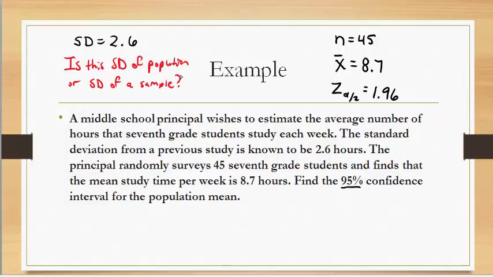And I'm going to answer that question by going back into my problem and looking at where it says the standard deviation from a previous study. So it is not talking about these 45 students that we have right now. So that is going to be the standard deviation of the population.